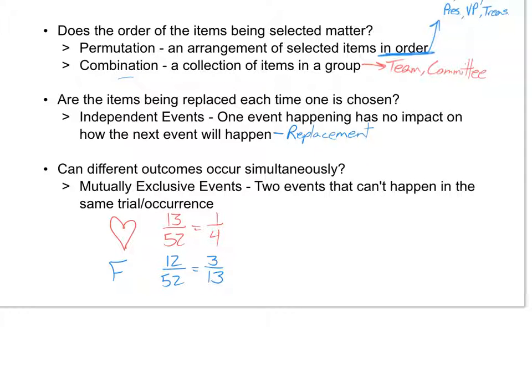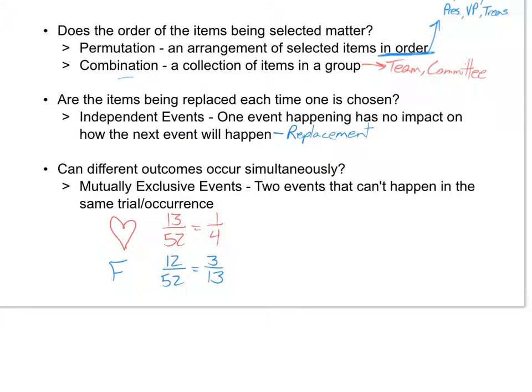Now, question. Is it possible to pick one card that would fall into both of those categories? Yes. It would be 3 out of 52, right? Like if I pick the Jack of Hearts, that's a face card and it's a heart. Okay? So in that case, these two events, drawing a heart and drawing a face card, could occur simultaneously.